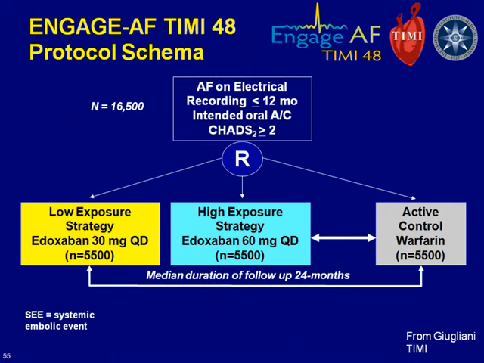And the next slide is the study design of the ARISTOTLE trial, which will be presented tomorrow. It's Apixaban 5 milligrams BID against Warfarin in a double-blind trial, and the results will be available tomorrow, as I pointed out.